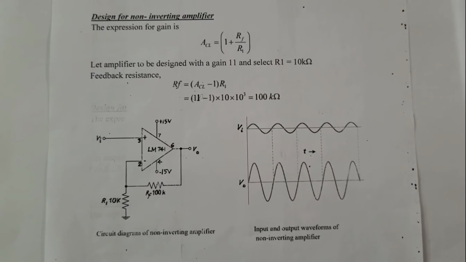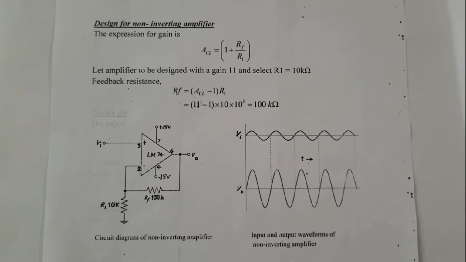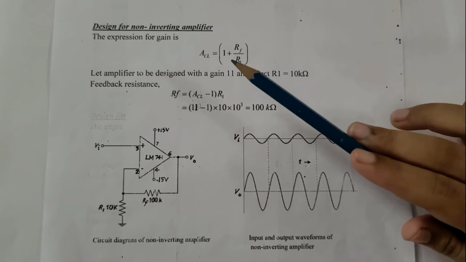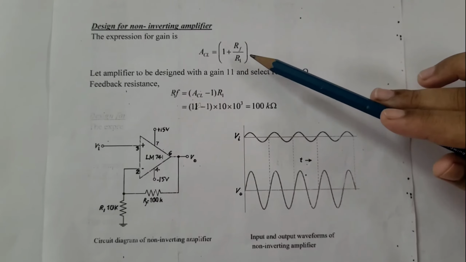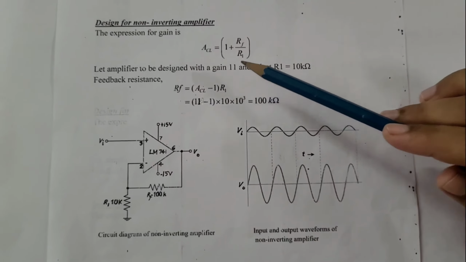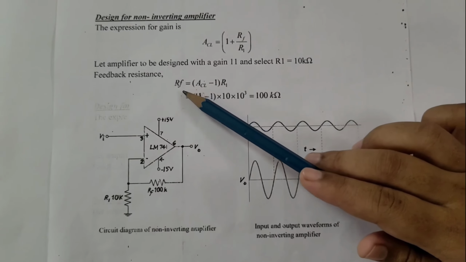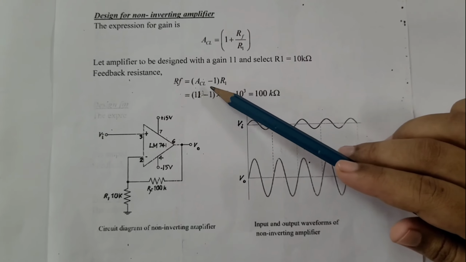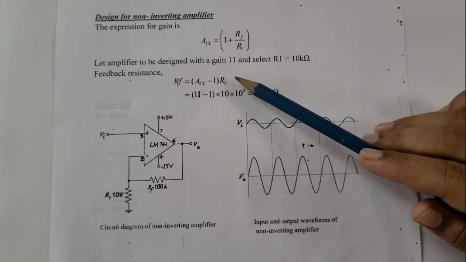Let's design the Opamp for non-inverting mode with gain 11. The expression for gain is ACL, closed loop gain, which is equal to 1 plus RF upon R1. In order to design the amplifier with gain 11, we will select R1 equal to 10 kilo ohm. Hence, the feedback resistance will be ACL minus 1 multiplied by R1.